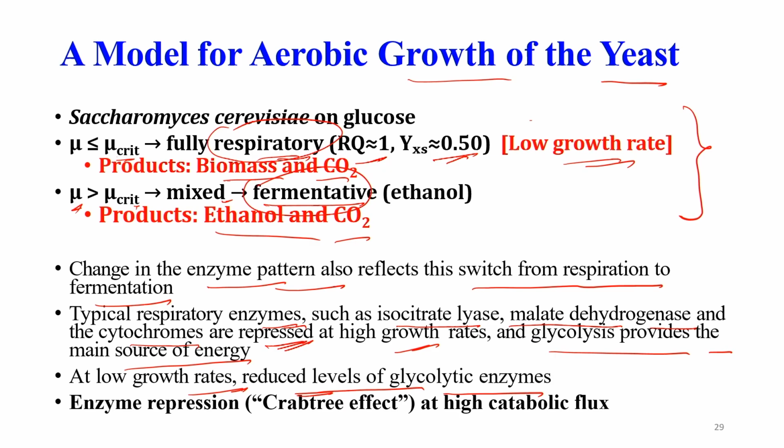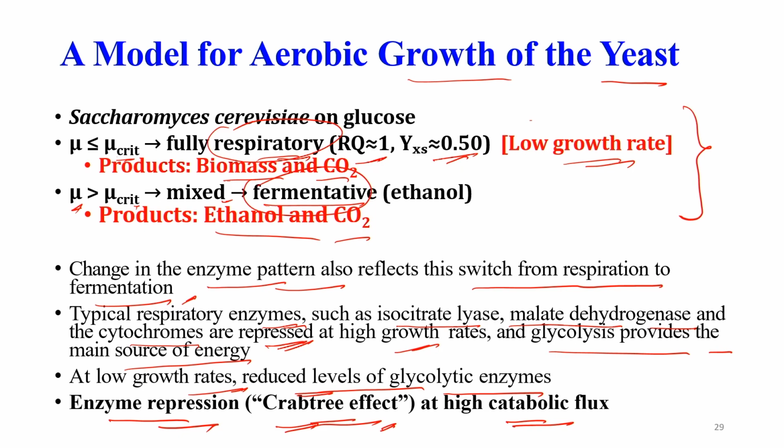So, one option is that how it shifts from respiratory to fermentation process can be explained by this Crabtree effect. Earlier we discussed that the Crabtree effect was when there is a high concentration of glucose that causes substrate inhibition, but it is also said that because of this enzyme repression at a high catabolic flux, that is also causing the Crabtree effect.